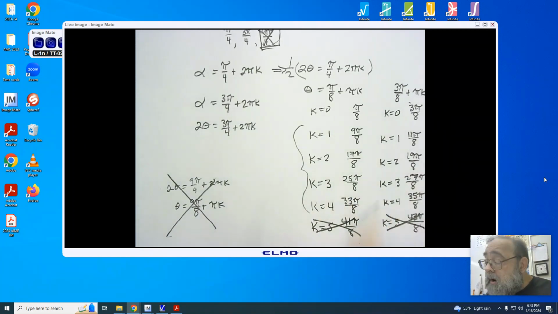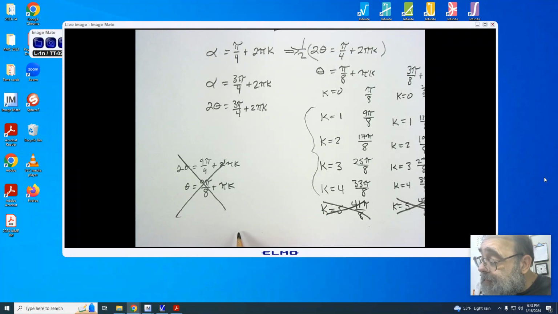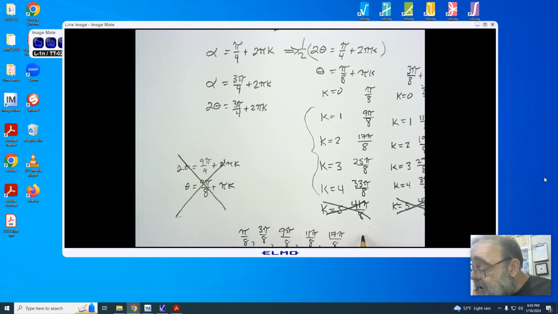Now, once we've gotten all of this work, we're going to put our answers together. Pi over 8, 3 pi over 8, and we're just listing them as a solution: 9 pi over 8, 11 pi over 8, 17 pi over 8, 19 pi over 8, 25 pi over 8, 27 pi over 8.